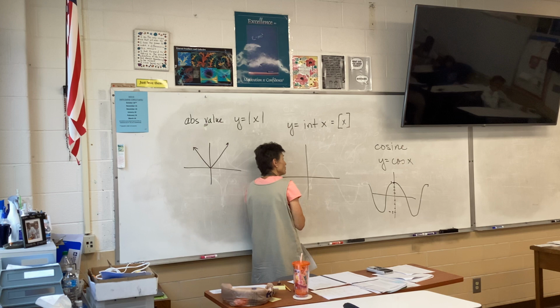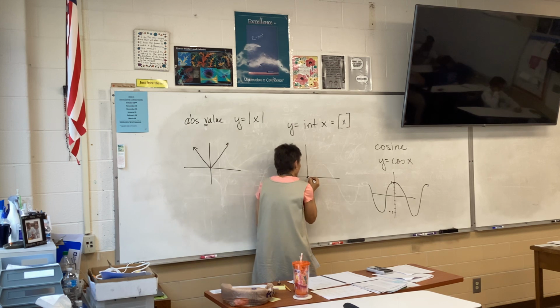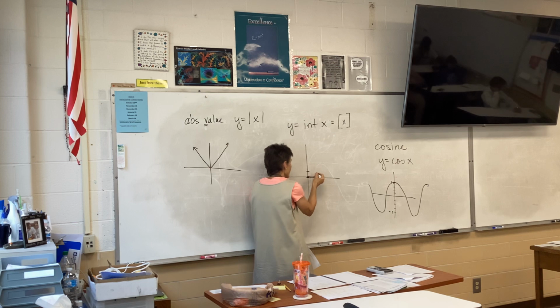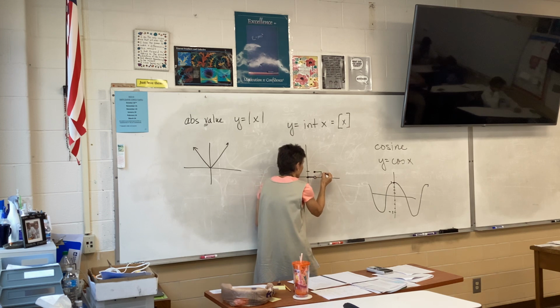All right, I want you to put a solid dot at the origin. I want you to go over one block and put an open dot. So you actually draw that line in and put an open dot. Then I want you to come up one, right above your open dot, and put a solid dot. You go over one again.